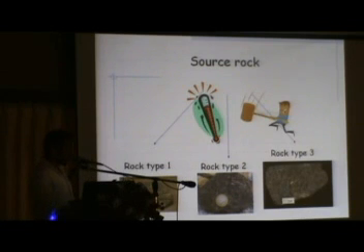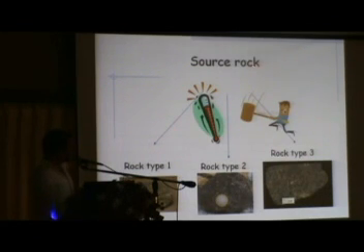The source rock may be the same, that means the chemical composition of the source is the same, but when the source has undergone three different physical conditions, that means three different temperatures and pressures, the resulting rocks are different.